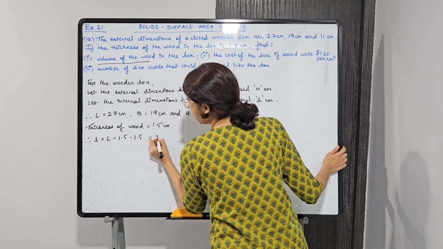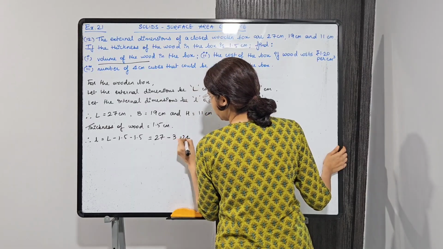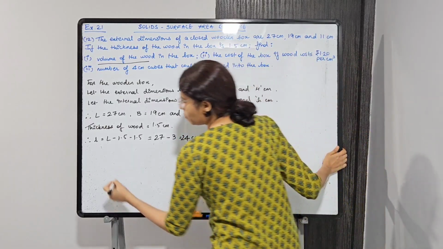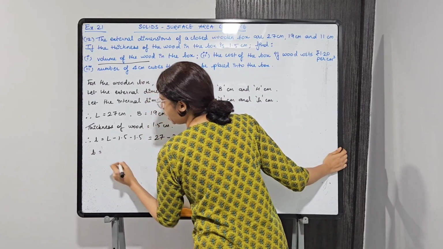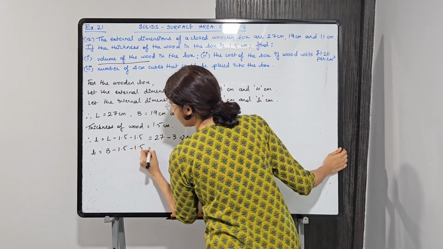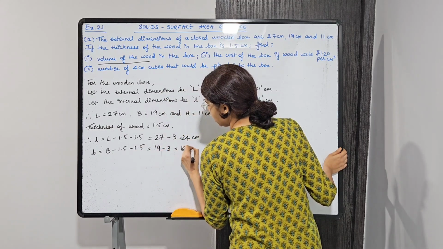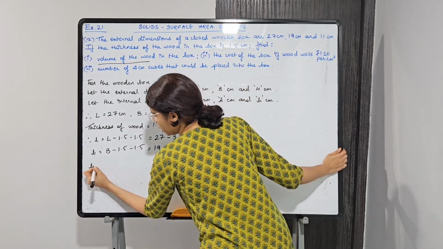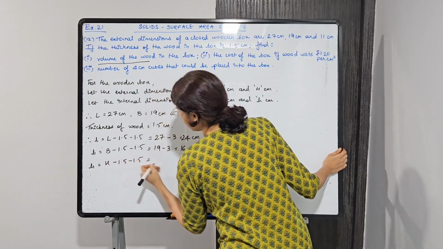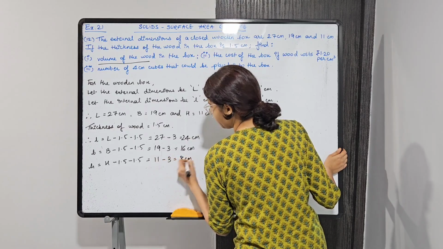So it is 27 minus 3, which is 24 centimeter. Same way, small b is capital B minus 1.5 minus 1.5, that is 19 minus 3, that is 16 centimeter. And small h is capital H minus 1.5 minus 1.5, H का value है 11 minus 3, that is 8.